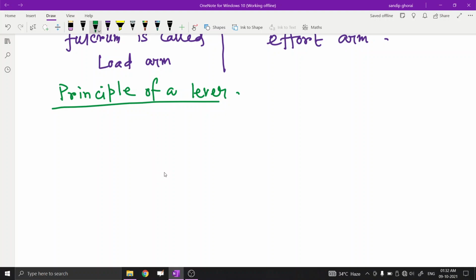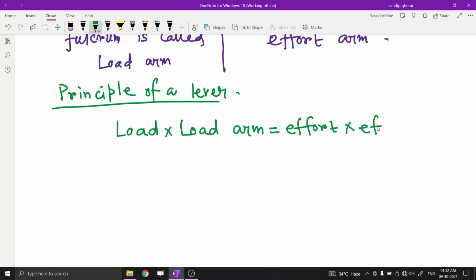The principle of a lever states that the product of the load and load arm is always equal to the product of the effort and effort arm. That means, load into load arm is equal to effort into effort arm.